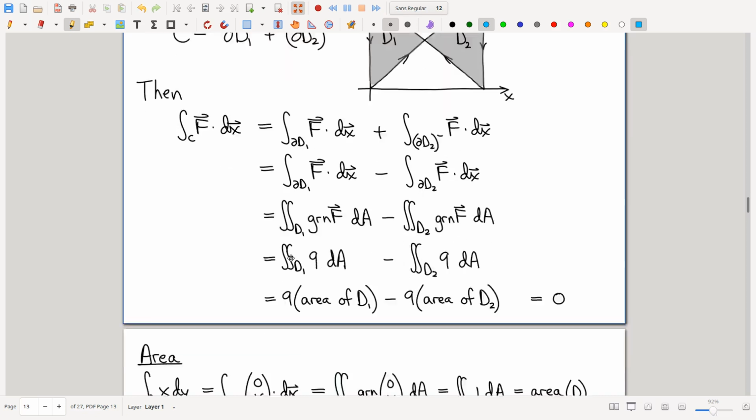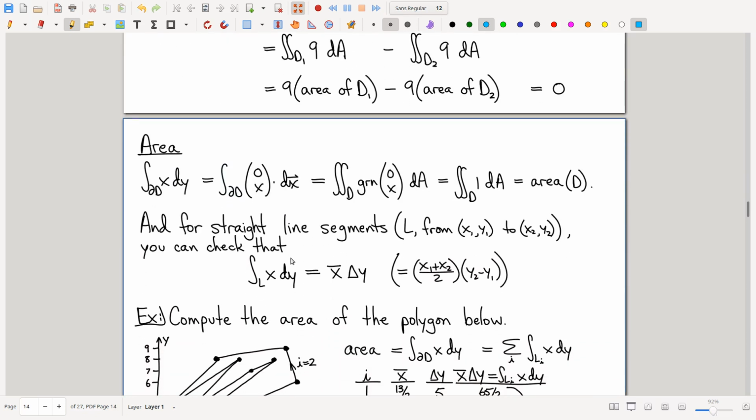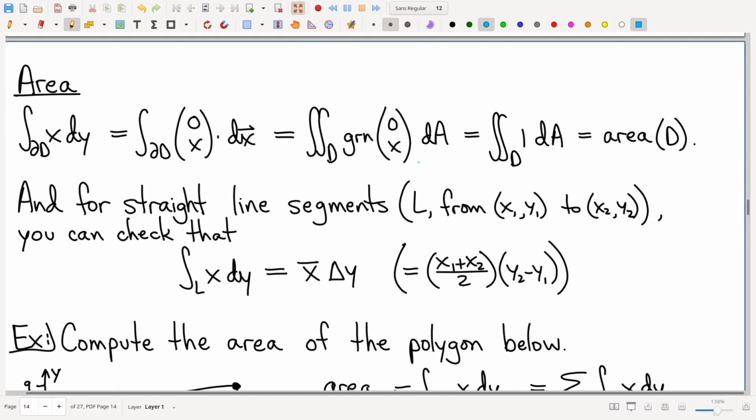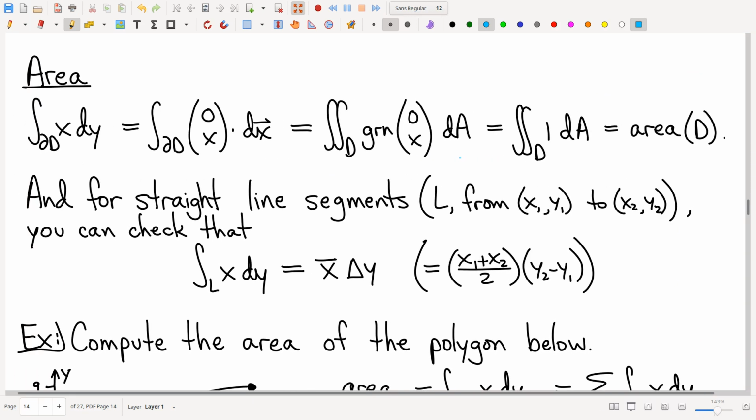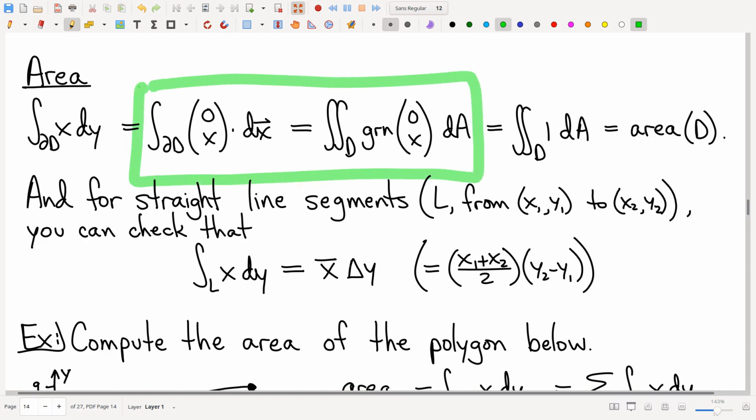Okay. All right. Here's a kind of a corollary of Green's theorem. It's a very clever idea. Starting with Green's theorem again, here it is. Boundary circulation, double integral of Green's operator. Notice I'm applying Green's theorem to this specific, special vector field, 0, x.